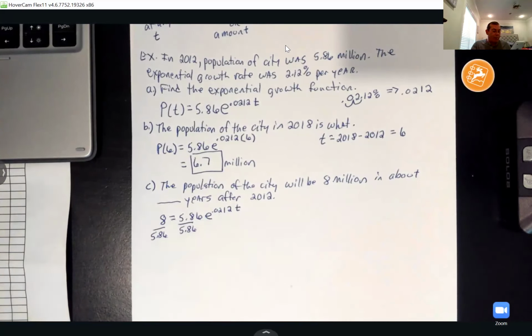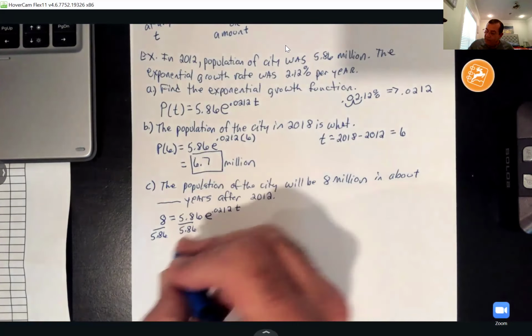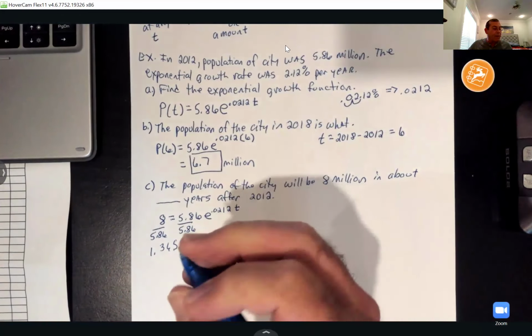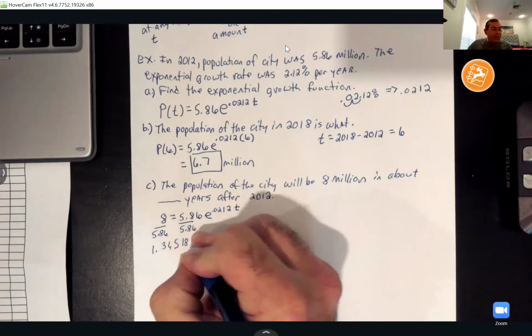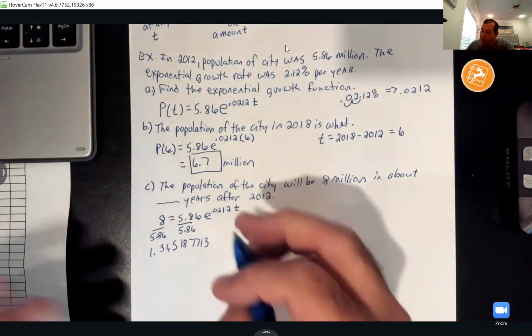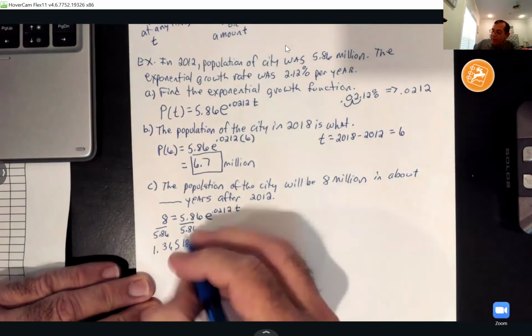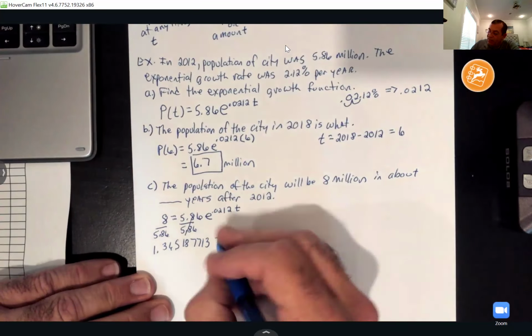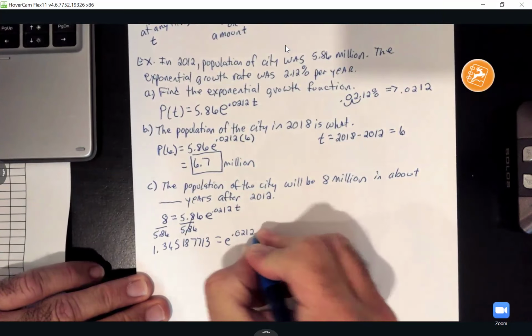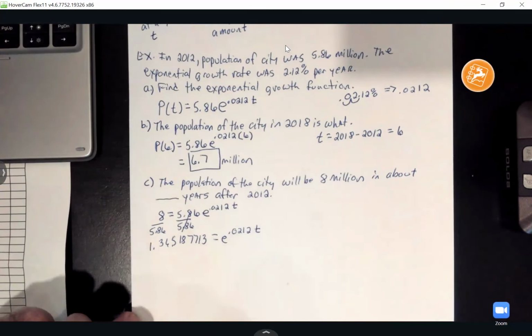So y'all, let me pop out my calculator. So we got 8 divided by 5.86. That's going to give me 1.3657713. So I'm just keeping all my digits at the moment. So if that cancels on the right side, I'm left with my e to the 0.0212 t.